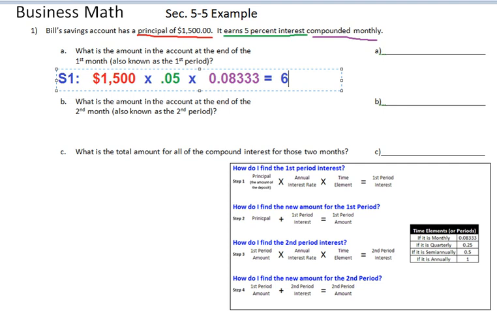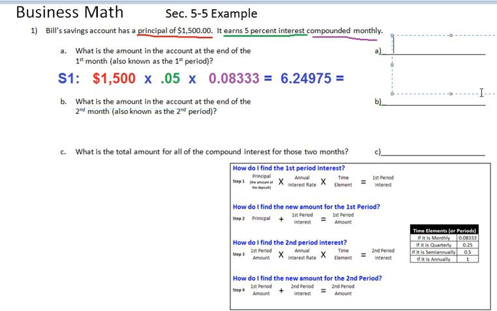We get a doozy of a number, but that is not the full answer, because we need to convert it to look like money. If you round it, you get $6.25. So that's how much money Bill has in his savings account at the end of the first month.